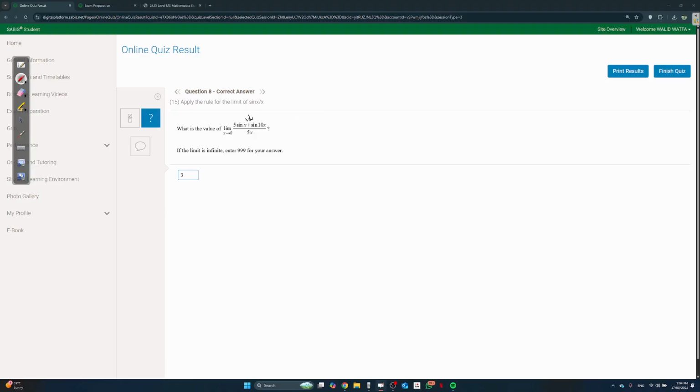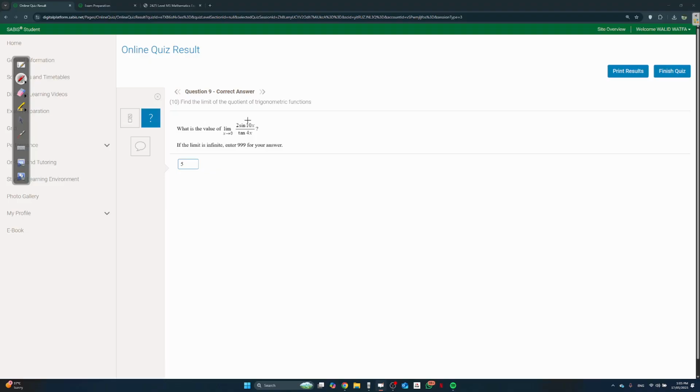If you have a plus, you have to separate it into two fractions: 5 sine x over 5x plus sine 10x over 5x. Over here, 5 times 1 is 5, divided by 5 is 1. Over here, 1 times 10 is 10, divided by 5 is 2. So you get 3. Okay, that's it. Just work with the rule like that: multiply what's up, divided by what's down.